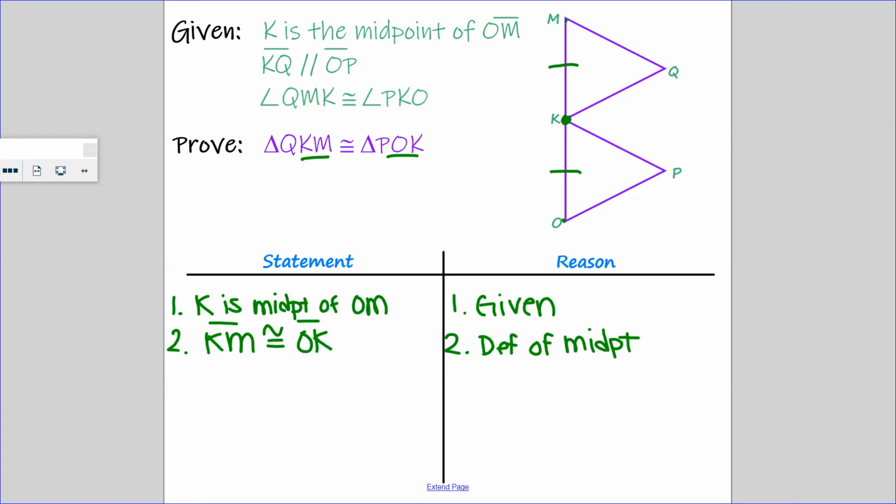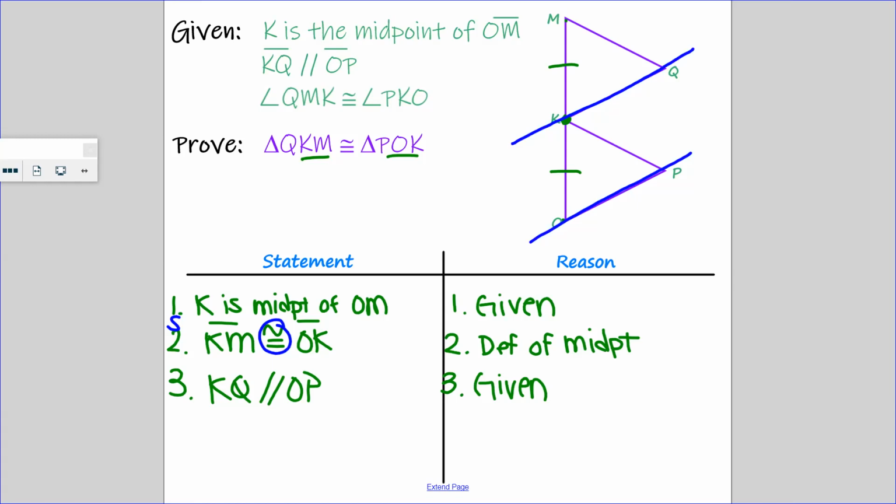Okay, now we've got our first congruent sign, and we're going to move on to our second given here. So our second given says that KQ is parallel to OP. Again, that's not a congruent sign, but you have a rule that says that if I talk about parallel lines, you either need to talk about alternating interior angles or you need to talk about corresponding angles.